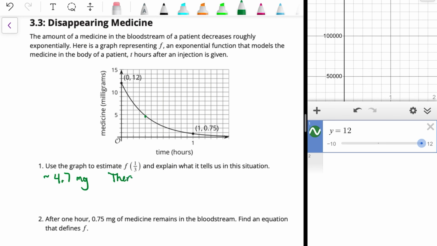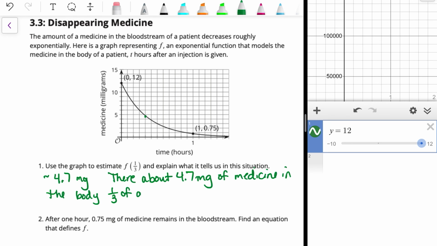There are about 4.7 milligrams of medicine in the body 1/3 of an hour, or 20 minutes, after injection.